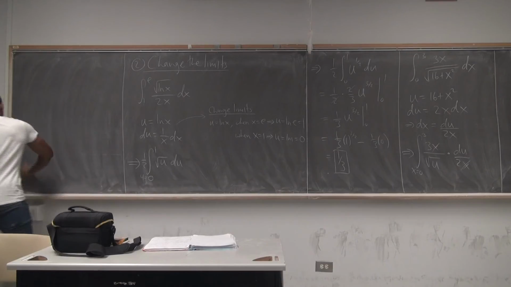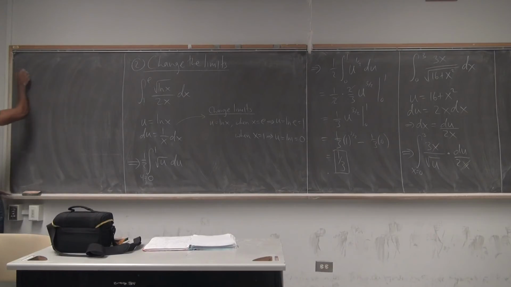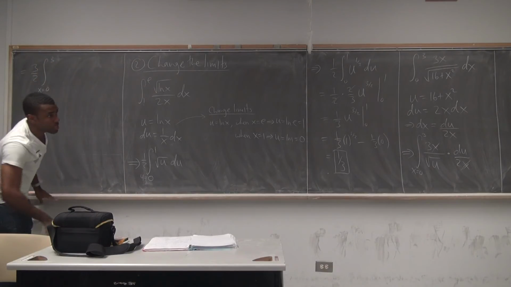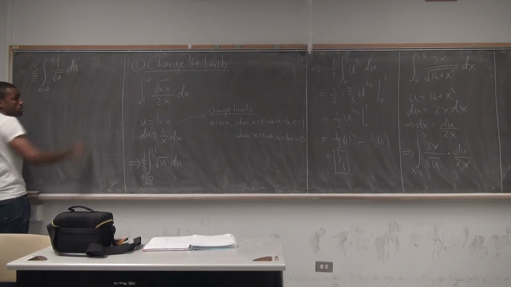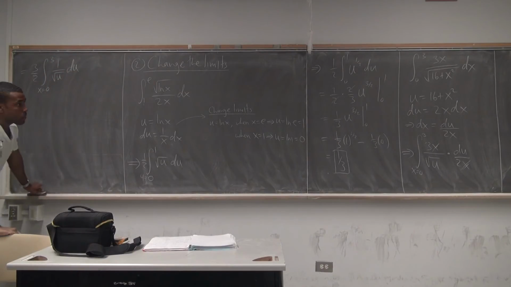x's cancel. 3 over 2 I can factor out. And what would I have left? The x's cancel, so I just have 1 over radical u, du. Okay, how do I do that? No, I didn't take the integral yet. I have to integrate that first. How do I integrate that?